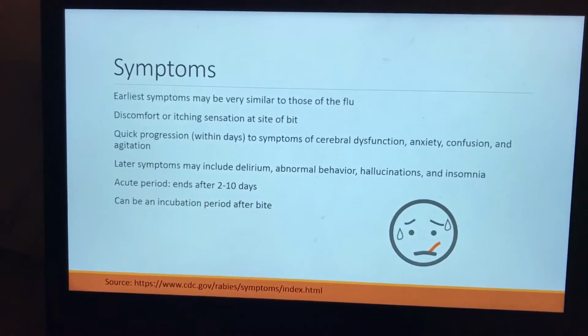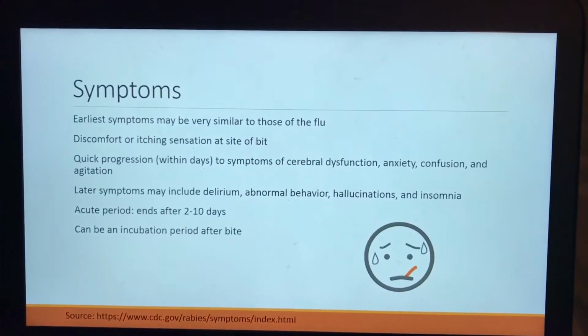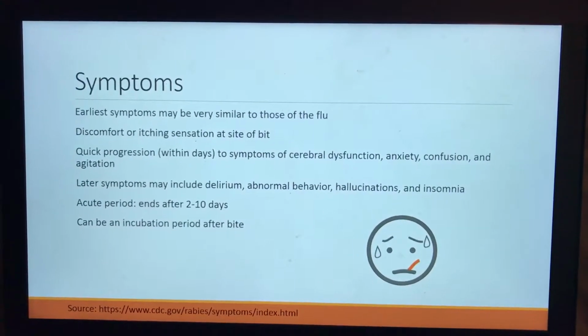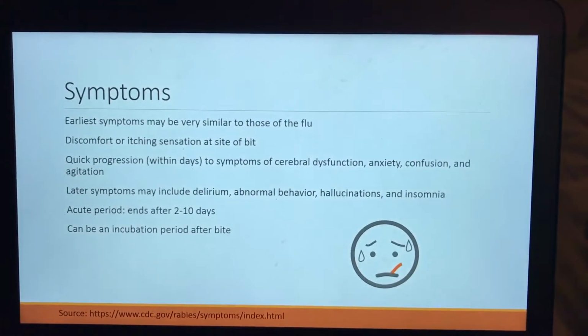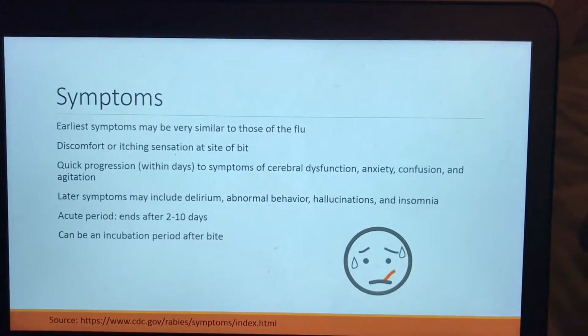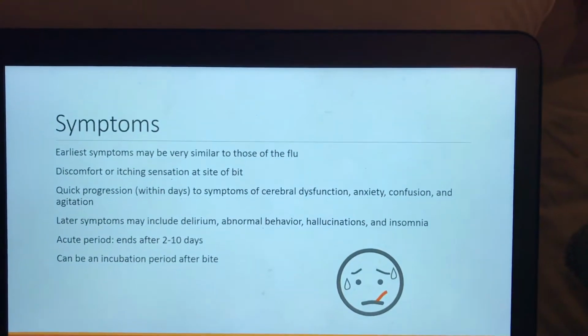The symptoms of rabies are very wide in range. So the earliest symptoms are typically very similar to those of the flu. So that could include fever, general weakness, headache, nausea, and vomiting.